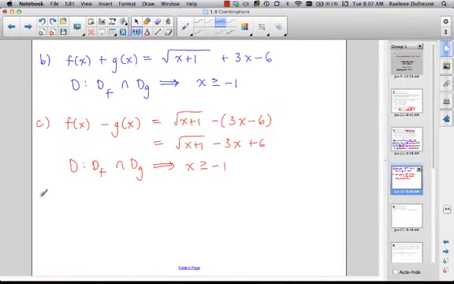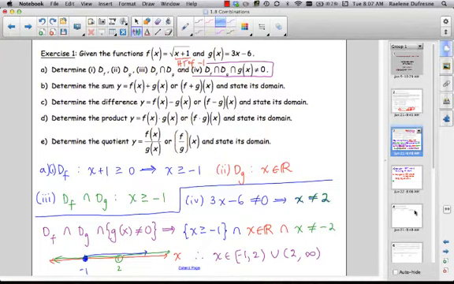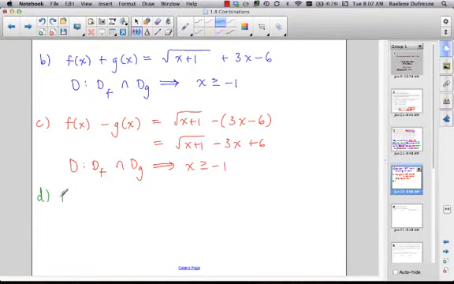In part D, we are looking at the product of the two functions. And so f of x times g of x is, I'm going to write 3x minus 6 first, times the square root of x plus 1, because it doesn't matter when we multiply which number comes first or which function or expression comes first.